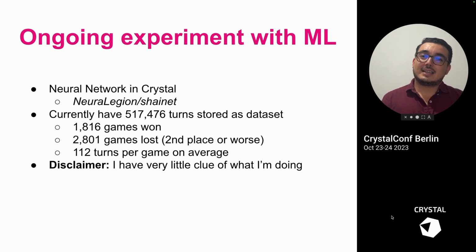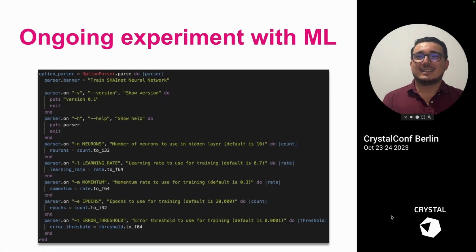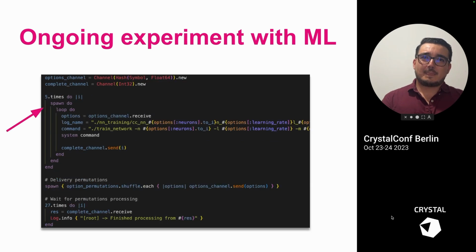But yeah, I have very little clue of what I'm doing. So what I did was I built a tool with option parser from Crystal itself, so I could just basically try out every single option, or not every single option, but a bunch of different options in parallel.